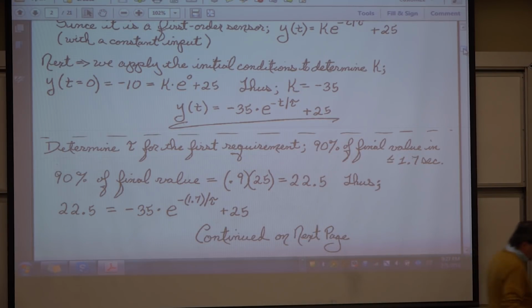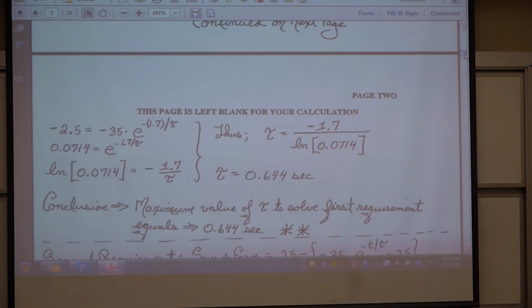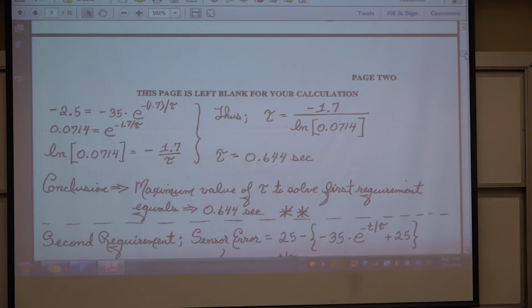So I now run down here and say, okay, how do I solve this for tau? It's all here, starting in the upper left-hand corner. And we take the natural log, and we get tau is 0.644 seconds. So the conclusion is, and I'll give you a moment to copy this, the maximum value of tau to satisfy the first requirement is 0.644 seconds.